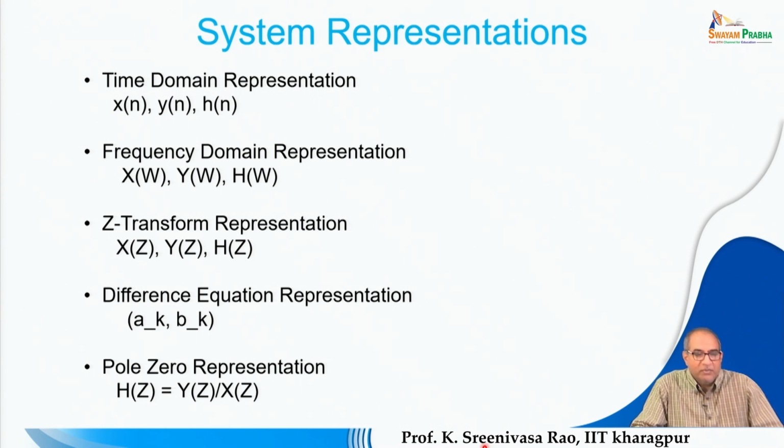That way we can analyze the system response for a given input x of n and the unit sample response of the system h of n. For that we introduced the concept of convolution, and we have seen how convolution is evaluated with the mathematical formulation and the given expression.